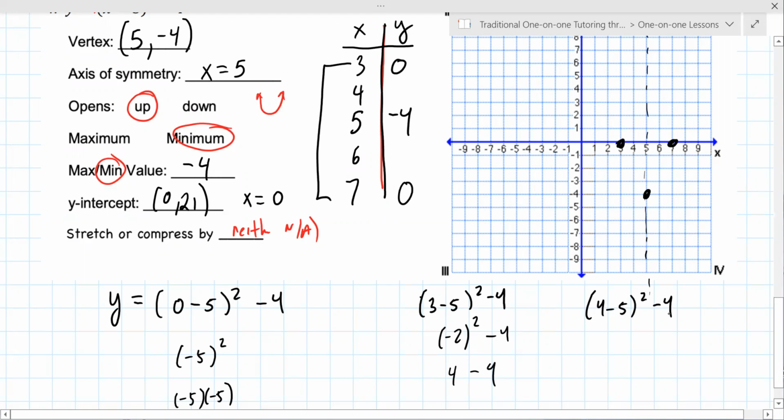4 minus 5 is minus 1, so it's minus 1 squared, which is positive 1. Minus 4, so that's negative 3.